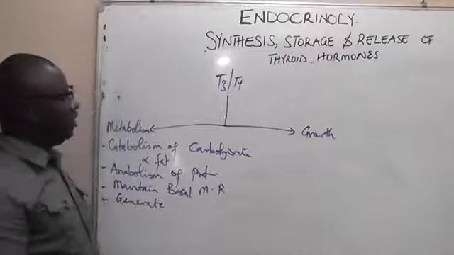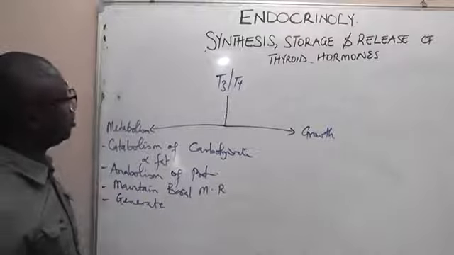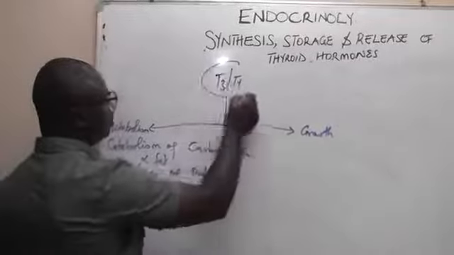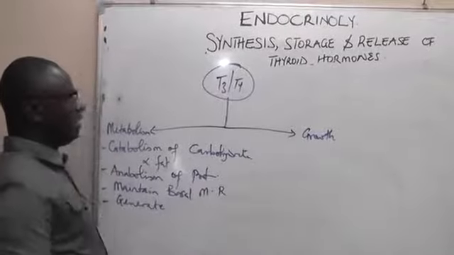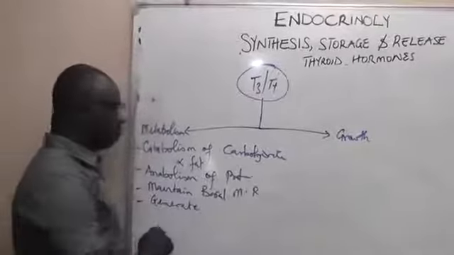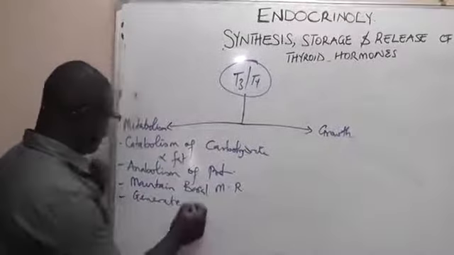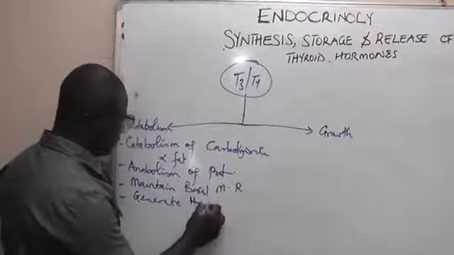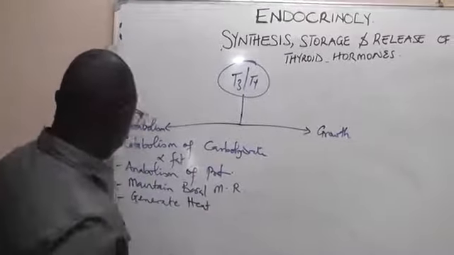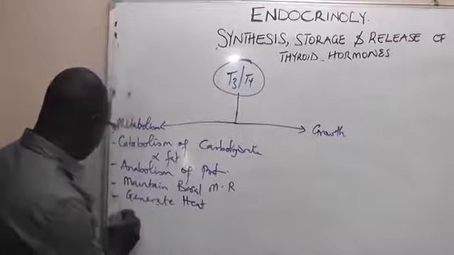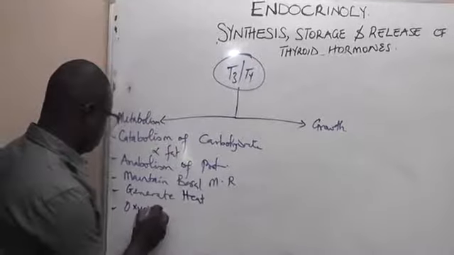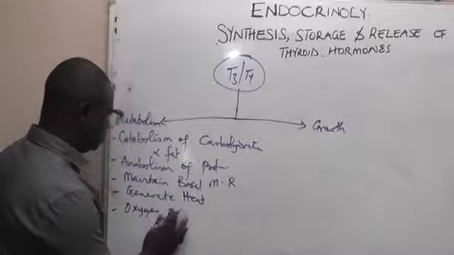And that's why usually if you have low concentration of these hormones, call it hypothyroidism, usually those people cannot withstand heat, so they cannot generate heat. Very important. Then they also help in oxygen utilization.